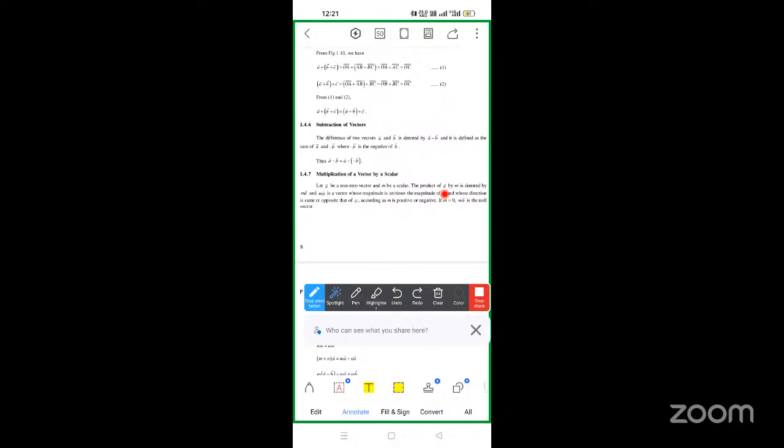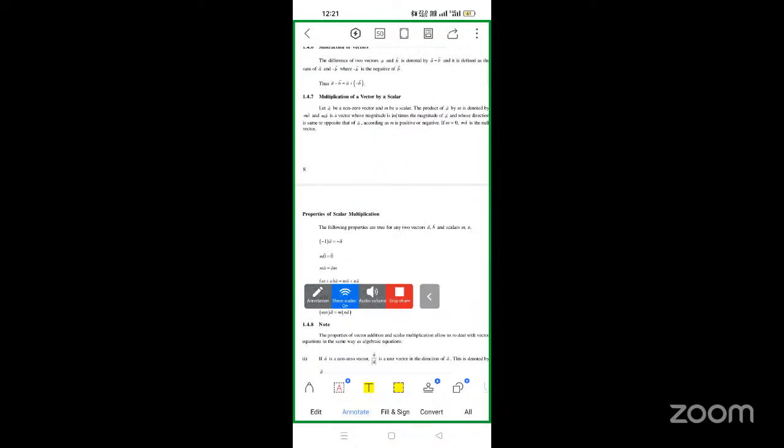If M is 0, in this case it is called a zero vector or null vector. So this is multiplication of a vector by a scalar.